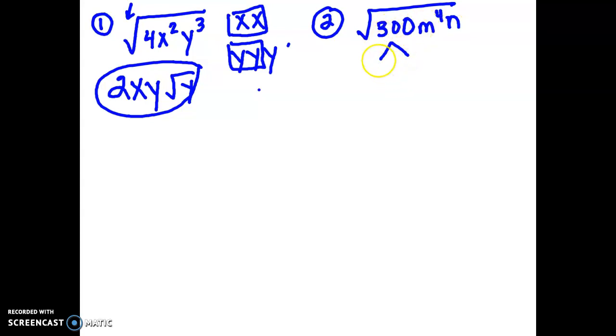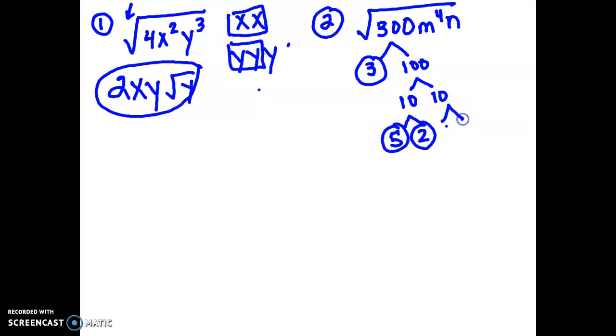So 300, we could start with 3 times 100. 3 is prime, so I'm going to circle it. 100, we can say 10 times 10. And then for 10, we could say 5 times 2. 5 is prime, 2 is prime. Then we have 5 and 2.